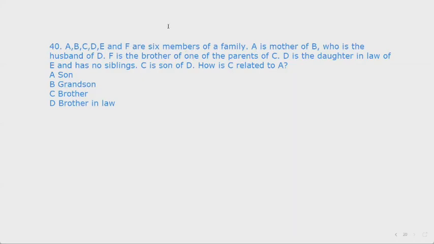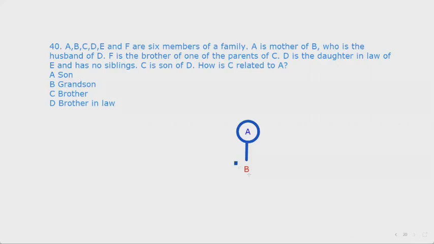A is mother of B. So we don't know the gender of B. We just know that A is a mother, but we don't know the gender of B. A is a mother of B, who is the husband of D. Okay, so we got the gender of B as well.